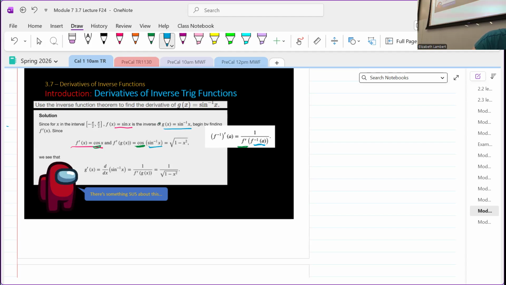And then they magically say, and poof, this equals that. That step is not immediately obvious. But once they've defined this f prime of g of x, then when they go to define the derivative g prime of x, we end up with the reciprocal of that thing we found.